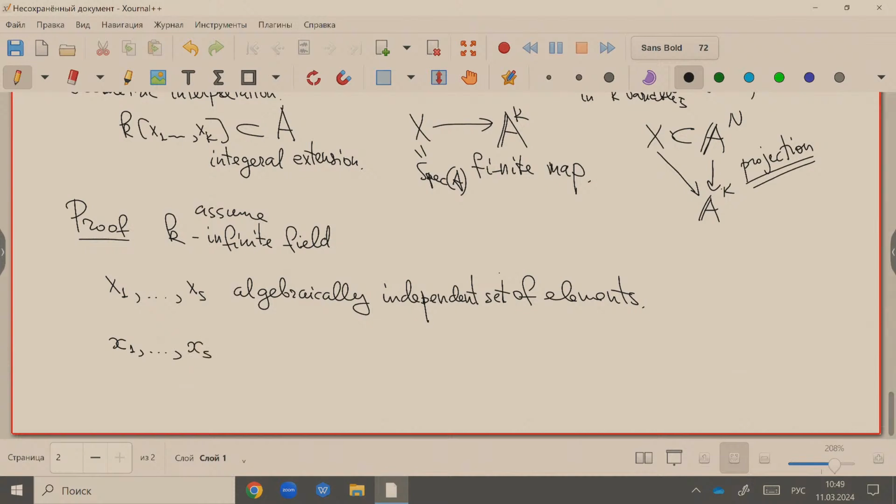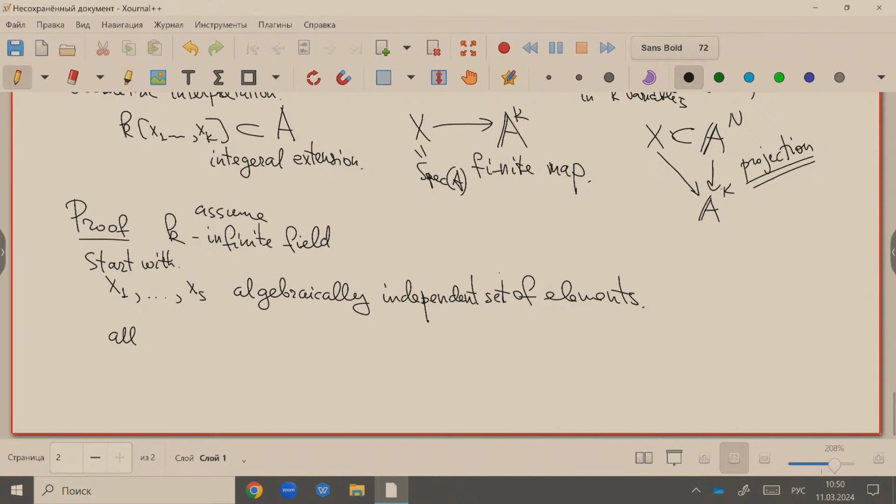We start with an algebraically independent system, and this means that the integral closure of these elements generates the algebra, all other elements.